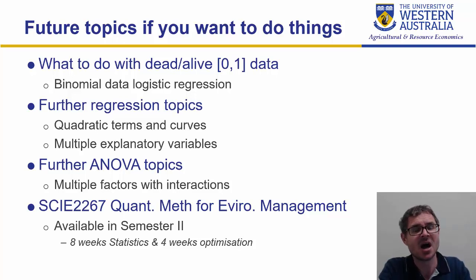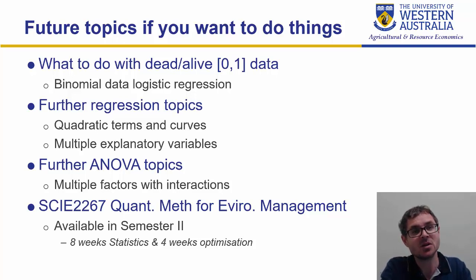I use this quite a bit when I do my work on, are you willing to pay for some environmental restoration? I might ask the question, are you willing to pay $50? And you'd answer yes, no, and I code that up as 0, 1. The other applications are, how many of something did I find in an environment, present, absent, that kind of thing.